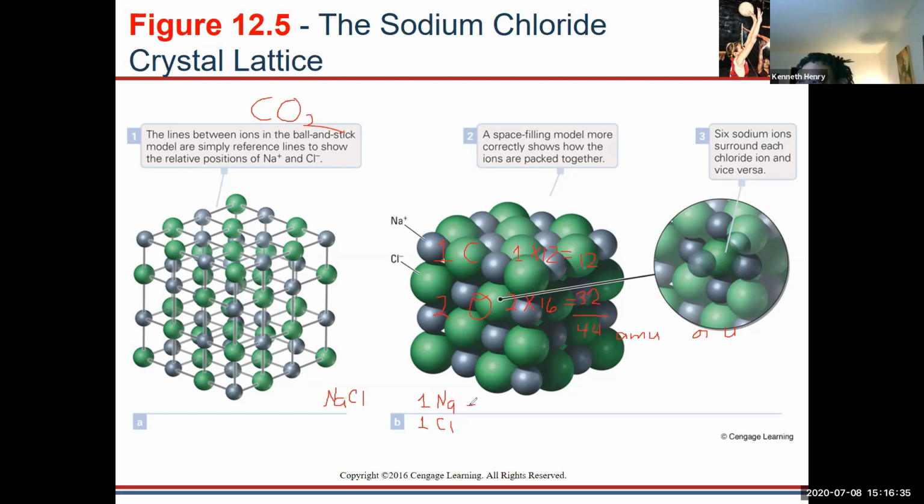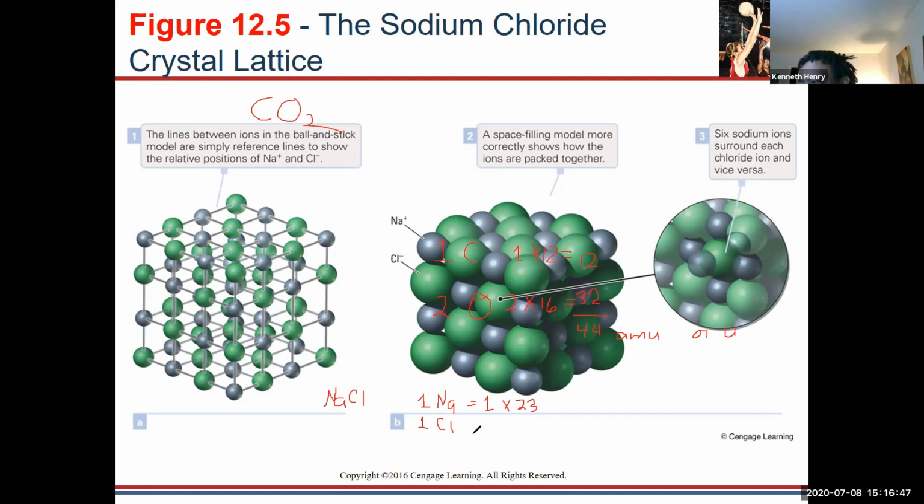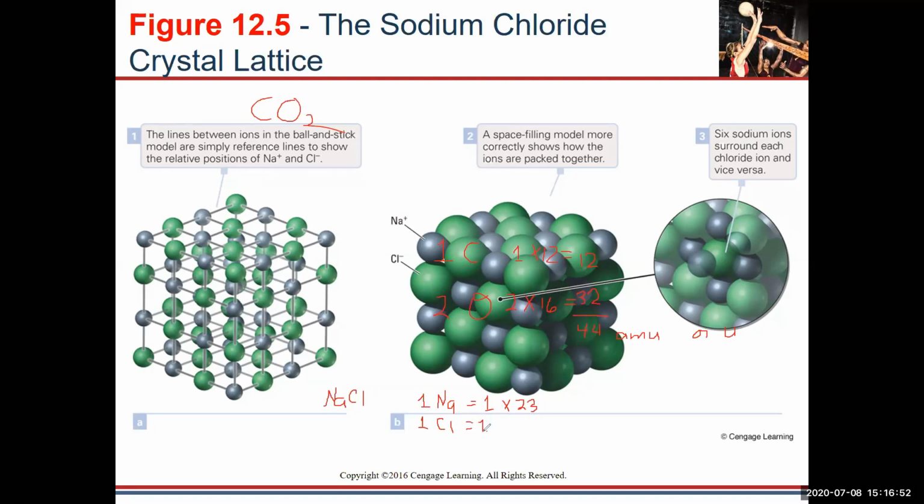Okay, so then I get 1 times sodium. What is the atomic mass of sodium? 23, right? And chloride is 35. 1 times 35.